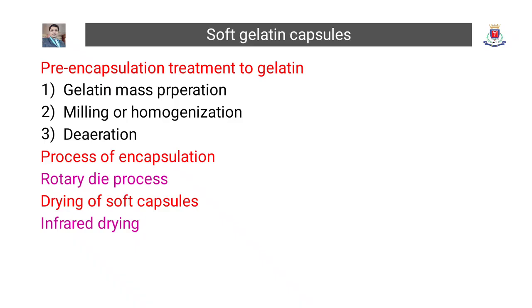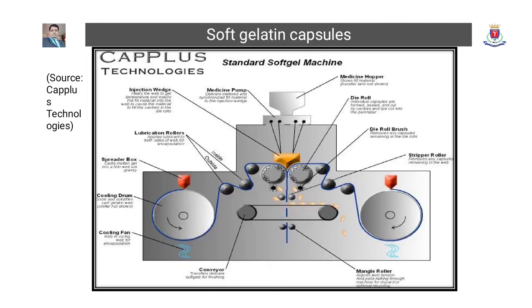After this pre-encapsulation treatment, the actual process of encapsulation starts. The encapsulation process is carried out by the rotary die process, and you can see this rotary die process clearly in this figure.